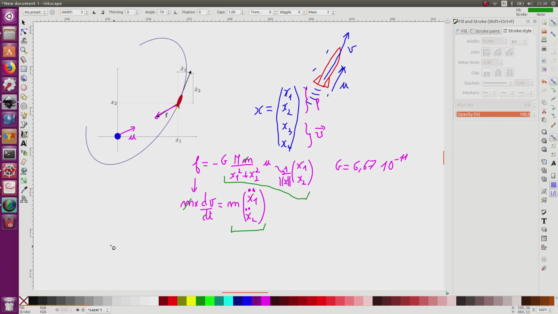If I rewrite this, x double dot 1, x double dot 2 is equal to minus G times M, divided by the square root of x1 square plus x2 square to the power 3, multiplied by x1, x2.